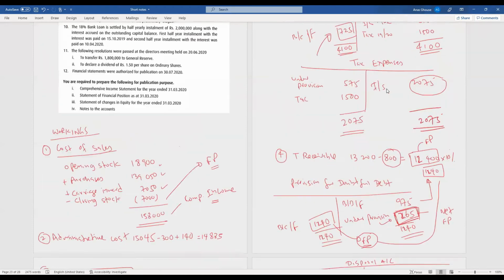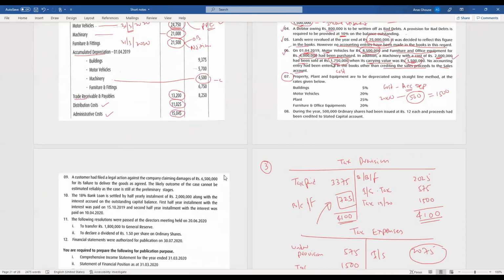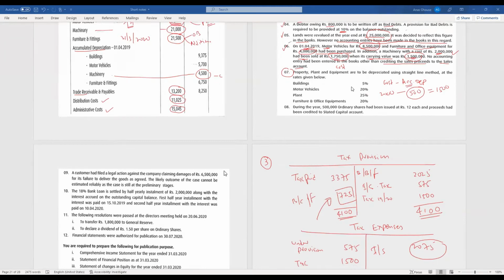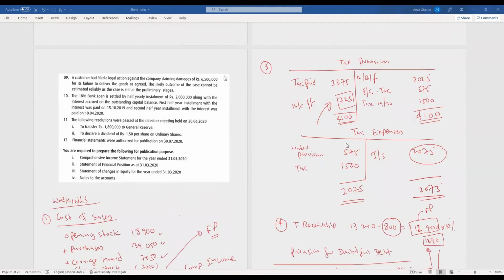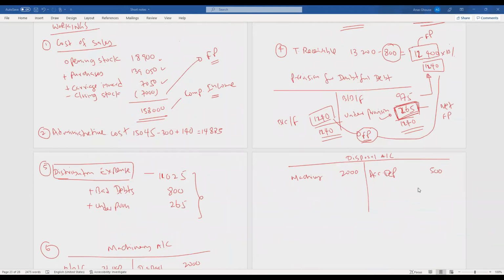Now the remaining amount is for how much it was sold, 1,750,000. When you receive this cash, 1,750,000, this will be debited to the bank account and it has to be credited to the disposal account to calculate the profit.